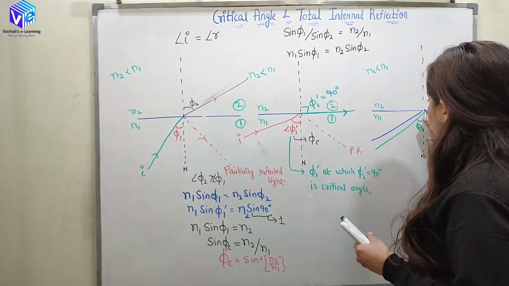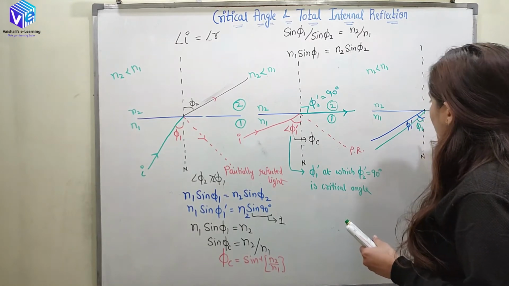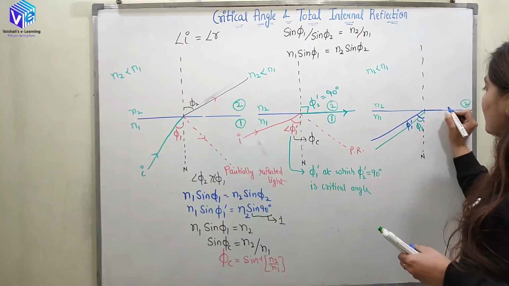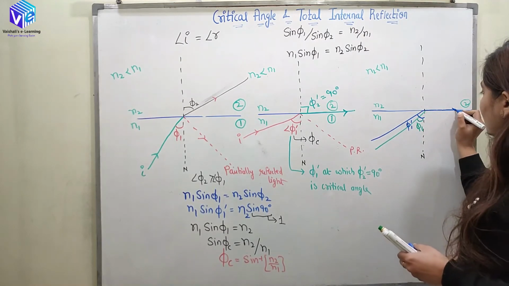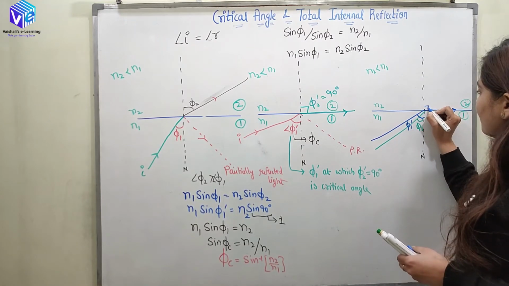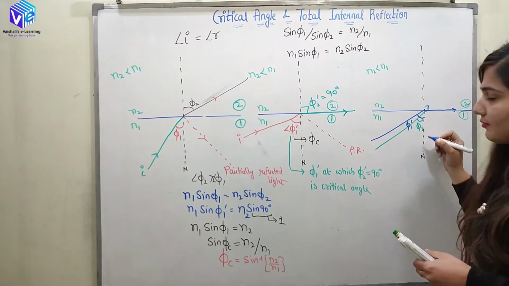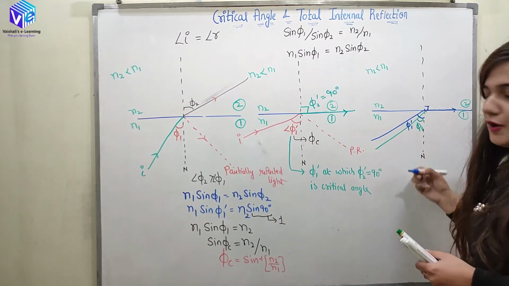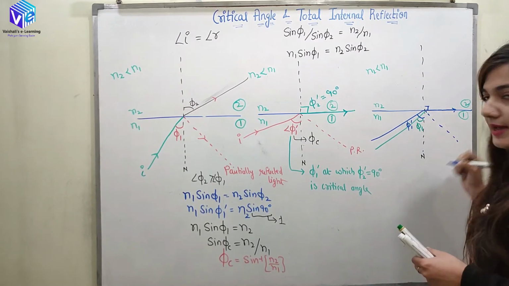In the second case I had the angle phi 1 dash, and I was having only the light which is refracted at the critical angle, 90 degrees from the normal, and further I had the partially reflected light as well.